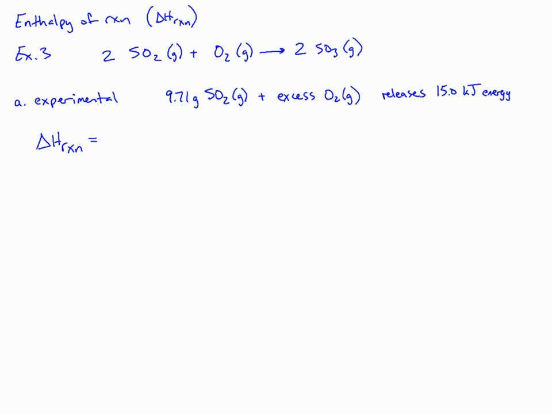So basically what happens is we have the mass of a reactant, 9.71 grams of SO2, and it's reacting with excess oxygen gas. So we know a mass of a reactant, and we know it did release 15 kilojoules of energy.